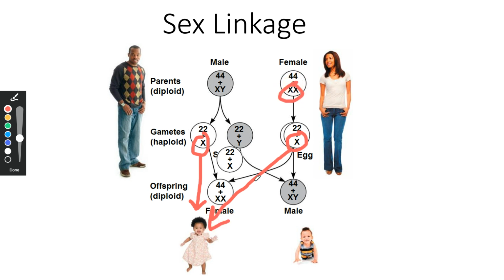So the female donates an X chromosome. If the male also donates an X chromosome, then the offspring will be female. On the other hand, if the female donates this X chromosome and the male donates a Y chromosome, then the child, of course, will have XY for their sex chromosomes, and they will be male.